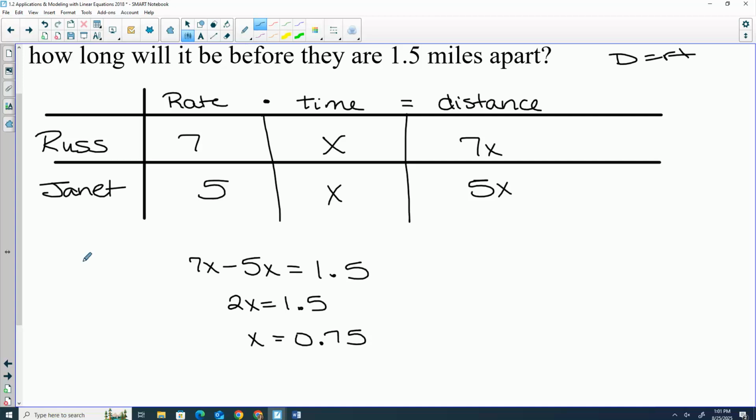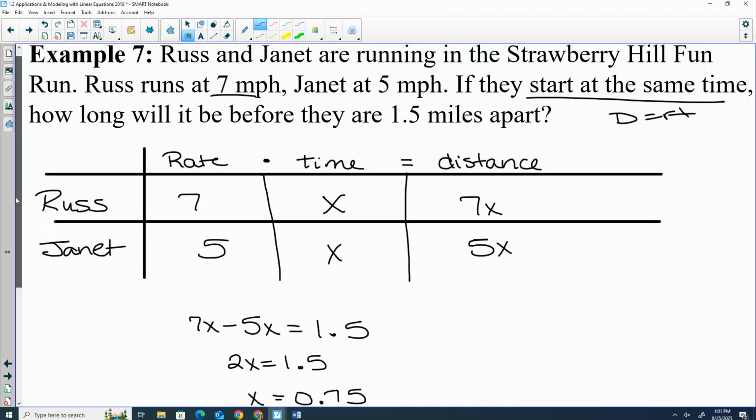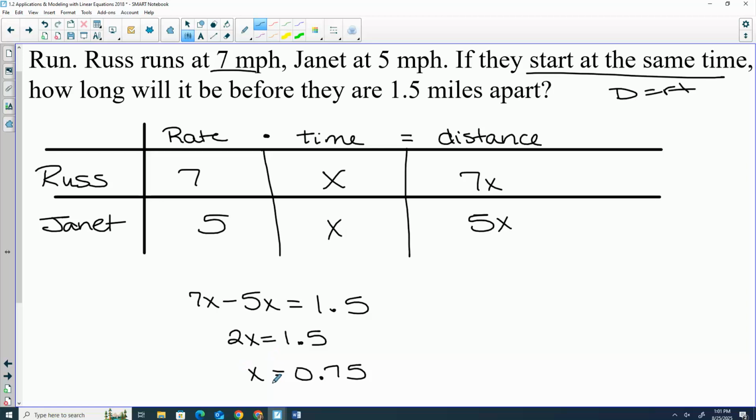Now we just answer the question. It wants to know how long. What is x measured in? It's my time. Is that hours, minutes, seconds? It's hours, because their rate is miles per hour. So that means my time has to be hours, my distance has to be miles.